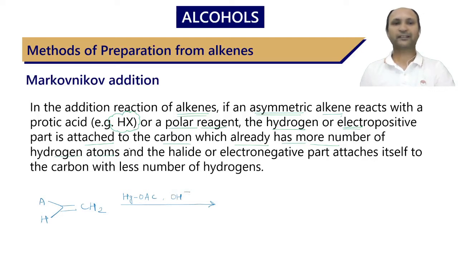So according to this definition, this OH minus, which is the electronegative part, it will attach itself to the carbon with less number of hydrogens. So it will go at our carbon number A, and this HgOAc, this will go at our carbon number B. Okay, so I'll just draw the structure again for this.